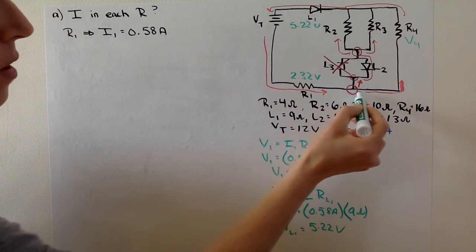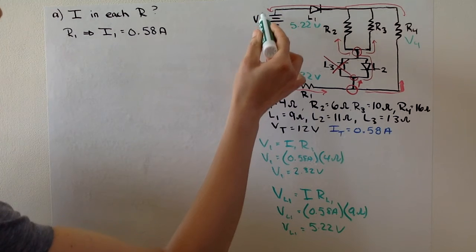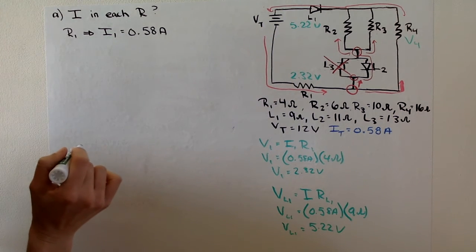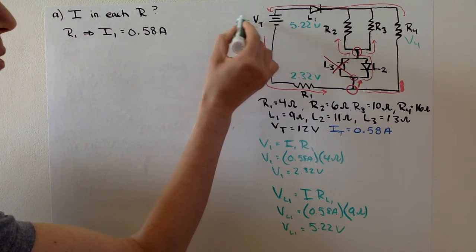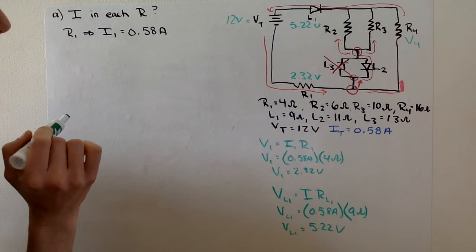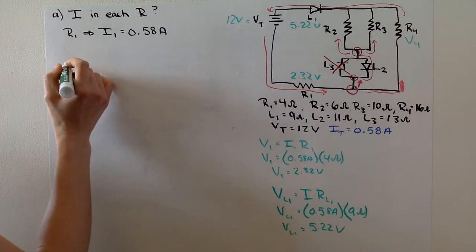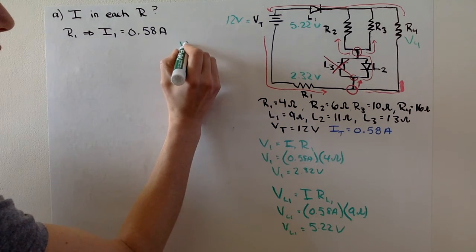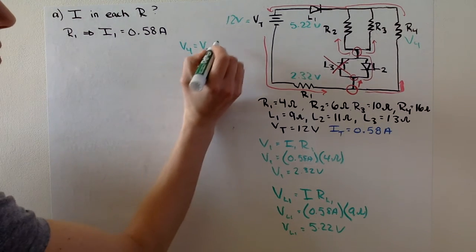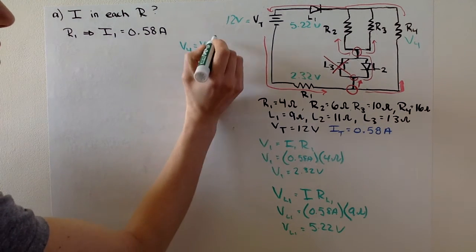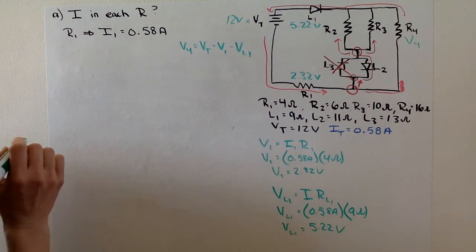Now, if you just choose the path of going through R4, so current is going to leave the battery, go through R1, it's going to decide to go through R4, and then it has to go through L1 and back. So the total potential along that journey has to be equal to the total potential of the battery, which is 12. So to find the potential of V4, I'm going to start doing some of this work. Let's do it here. So V4 will be equal to V total minus the voltage of resistor 1 minus the voltage of LED 1.